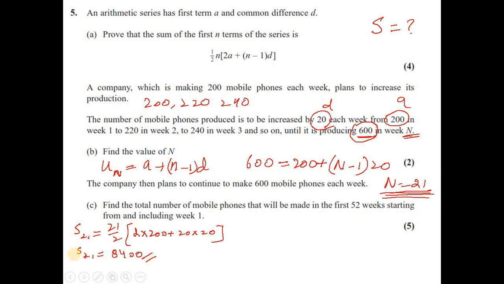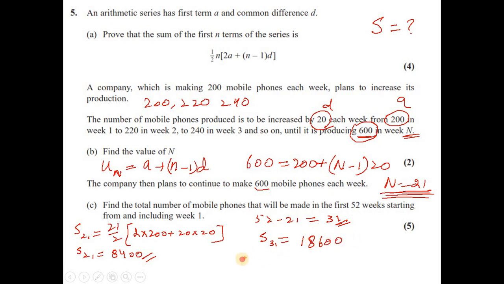But after that how many weeks are left? 52 minus 21, that means we have 31 weeks. So for the rest of the 31 weeks the company will be making 600 mobile phones. So the last 31 weeks total would be 600 times 31, which is 18,600.